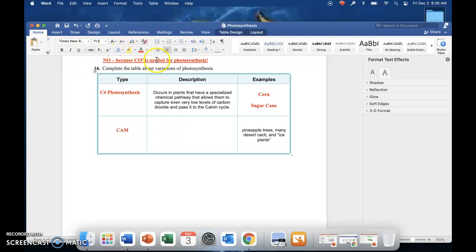And what happens here is that these plants can allow CO2 in at night, and because this is allowing this to occur at night, this minimizes the loss of water.